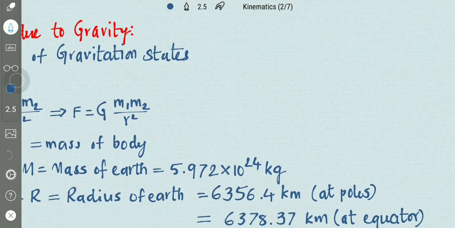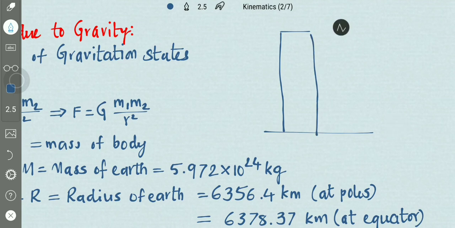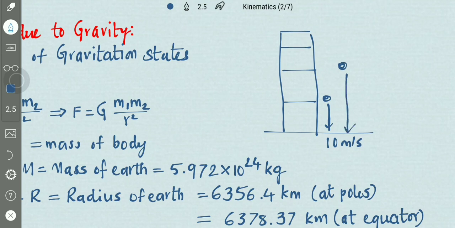So if there is a building like this, and this is first floor, this is second floor, this is third floor. If you throw a body from here, it reaches with a velocity say 10 meter per second. And if you throw from second floor, it reaches with more than 10 meter per second.